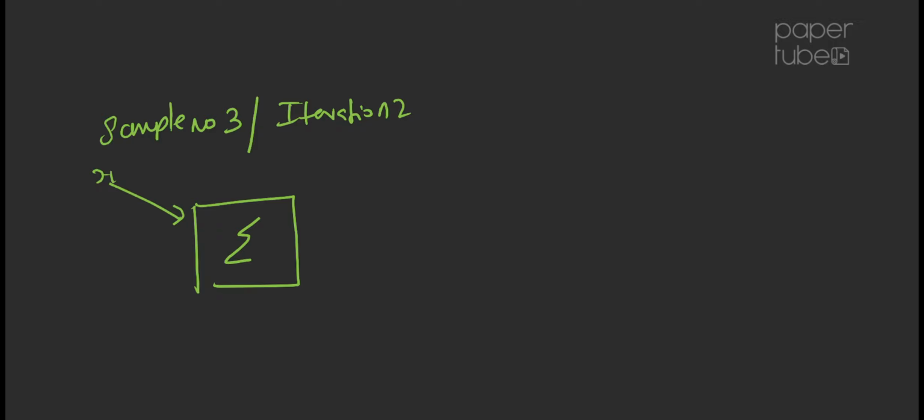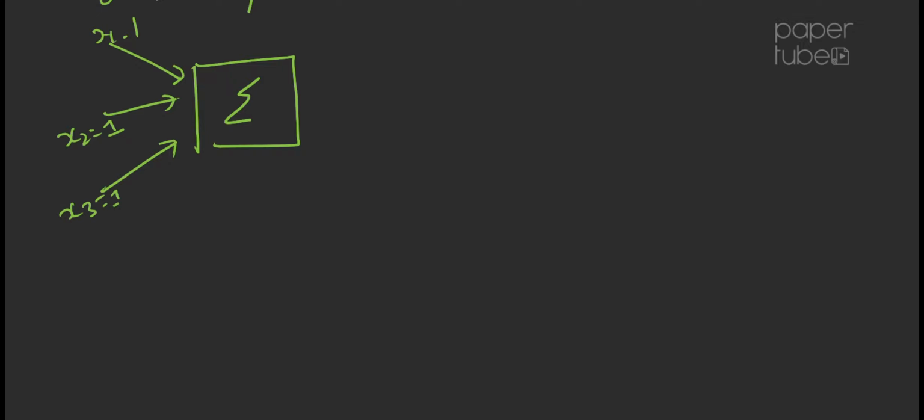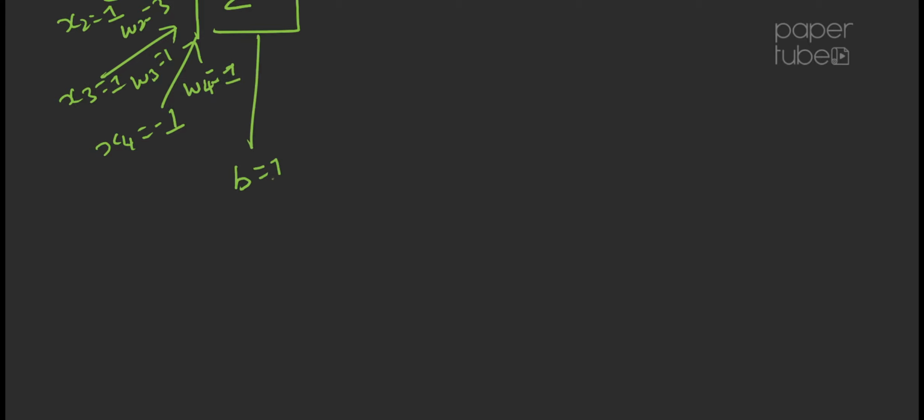So sample number 3, iteration 2. How it works, again, I'll begin with the summation box, and then you have x1 equal to 1, x2 equal to 1, x3 equal to 1, x4 equal to -1, and then w1 equal to -1, w2 equal to 3, w3 equal to 1, w4, this is something we calculated now, equal to 1 again, and then the updated bias, that's equal to 1 again.